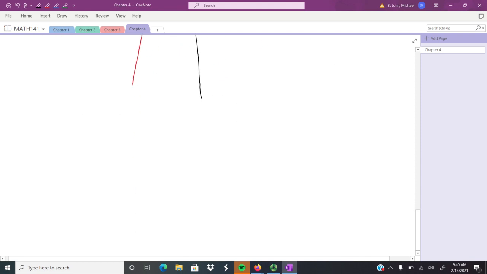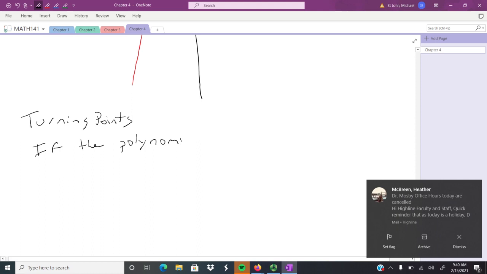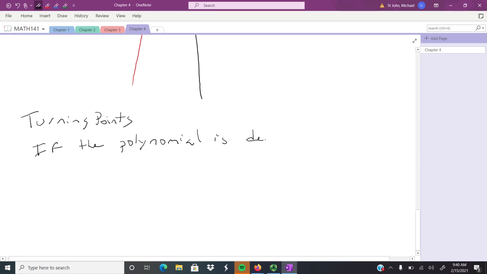So then in terms of those things that are called turning points. If the polynomial is degree n, then it has at most n minus 1 turning points.